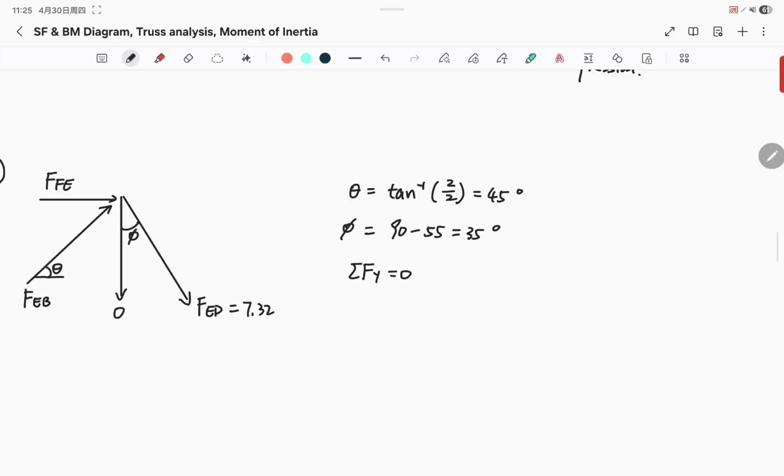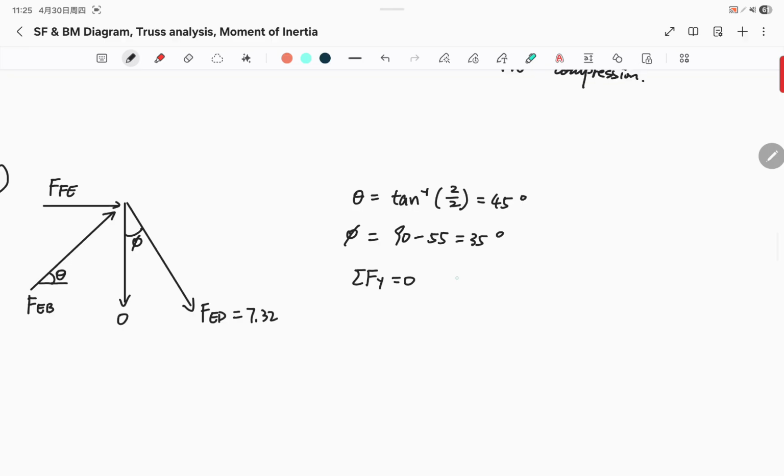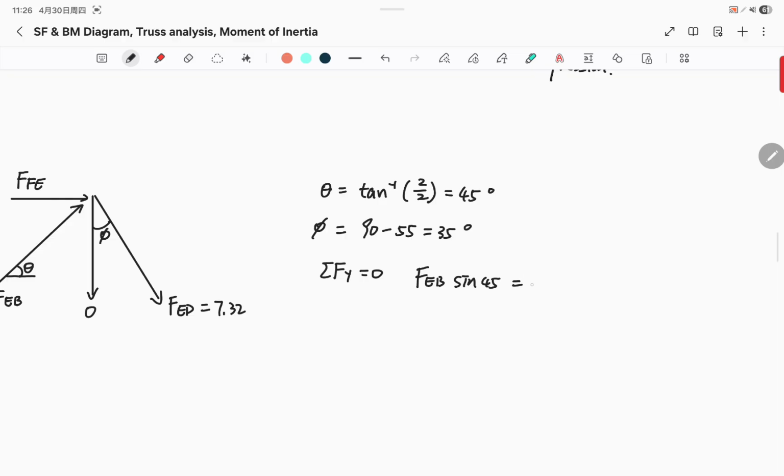So we got FEB, this force goes up, and FED goes down. So these two forces, they must balance out using their angles. So we have FEB sine theta is equal to FED, or 7.32 cosine 35.